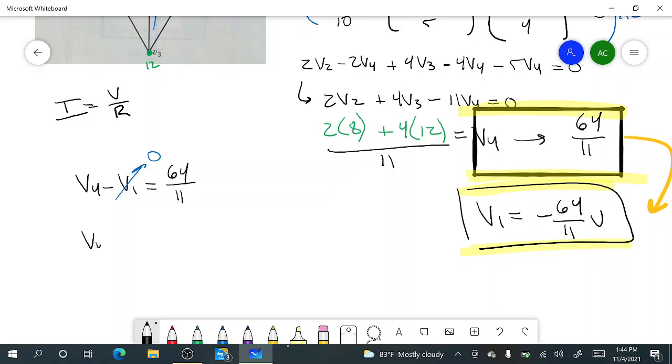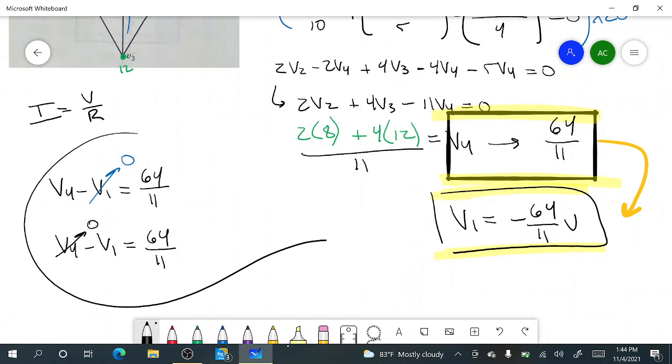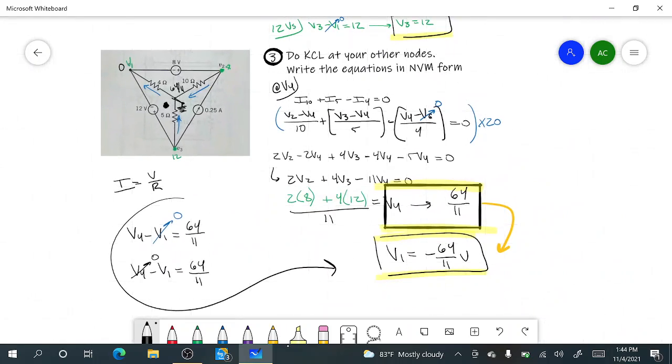However, I could write the same exact statement, because the statement is exactly the same, except I made V4 the ground. And what that means is V1 is negative 64 over 11. So that's a mathematical proof that kind of drives that home. And so that being said, I've solved for all of the voltages.